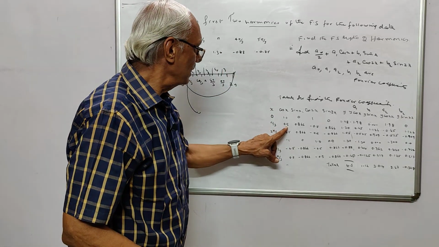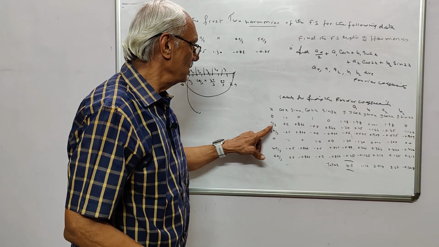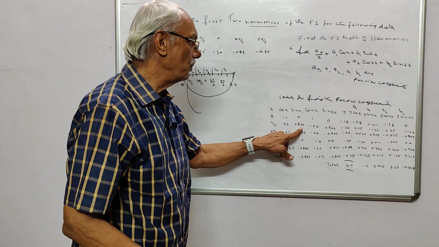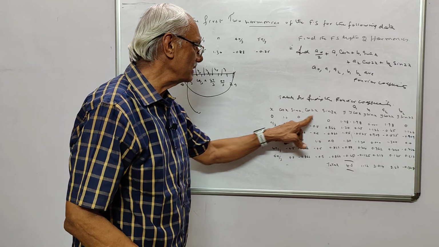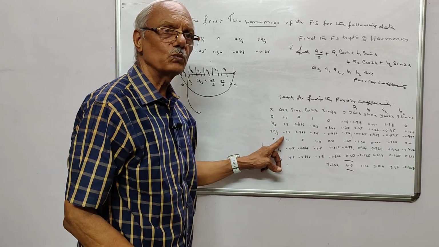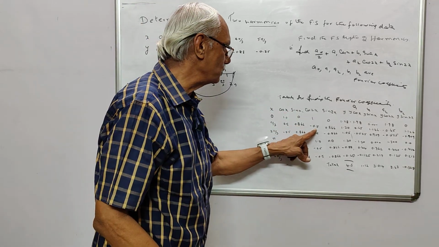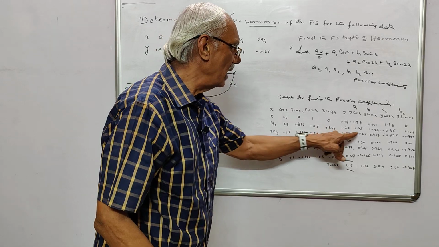So cos 60 degrees is 0.5. Cos 30 degrees is root 3 by 2, which is 0.866. Like that we find cos 2x. Cos 2x is cos 120 degrees, which is minus sin 30, so you get 0.05. Like that it goes on and you find.